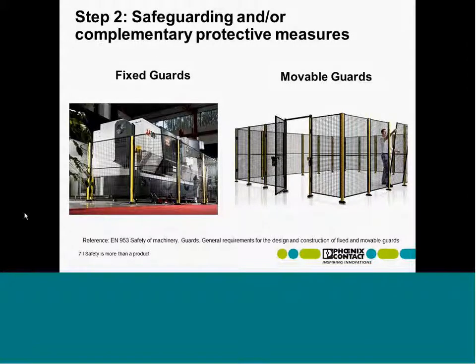On the left-hand side, you see some examples for fixed guarding systems, for example fences, which will be mounted on the floor to avoid direct access to the tool area of a machine or production line. On the right-hand side, you see an example of movable guards, used in combination with locking devices.